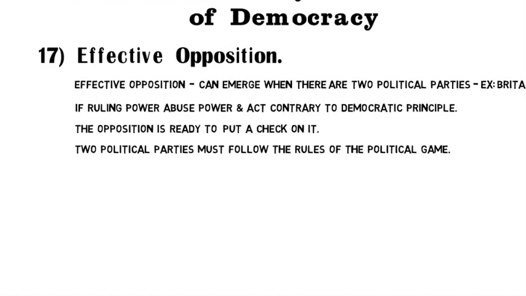Now, you cannot have this type of effective opposition where you have a multi-party system. Now, there are exceptions too. We have seen in the recent past that even in Indian democracy, which is more or less a multi-party system, whenever there is an occasion, many parties have come together and formed an opposition front, and they have managed to put good pressure on the government.